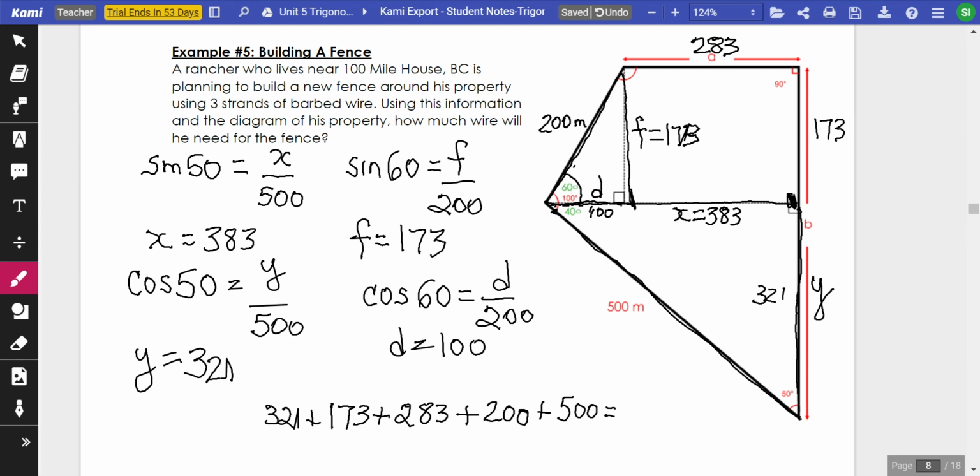Now, if I add all that up together, I get 1,477, but that is one strand of barbed wire.